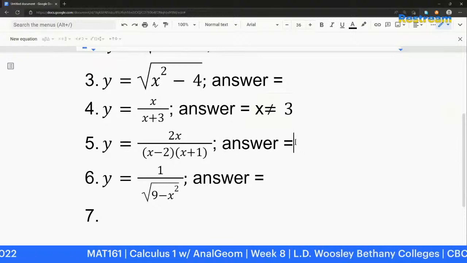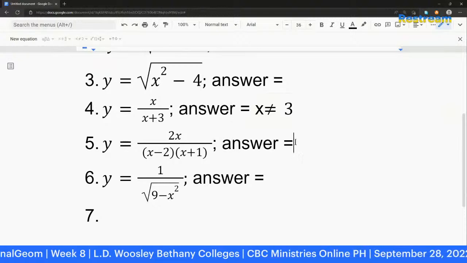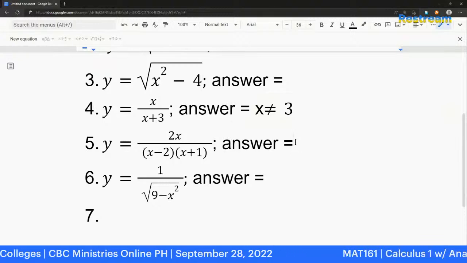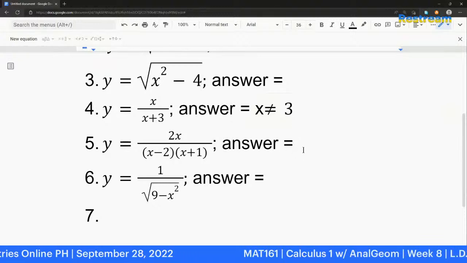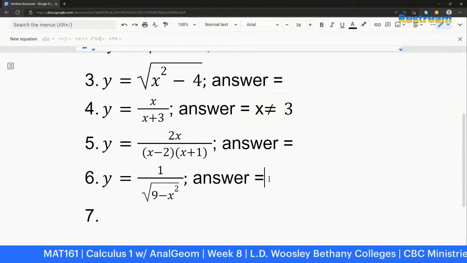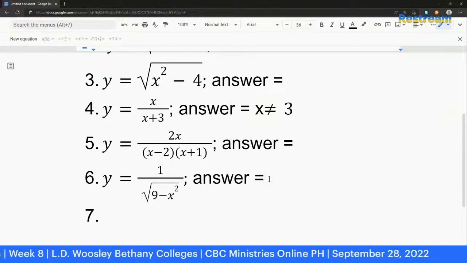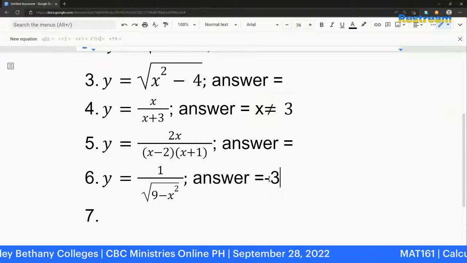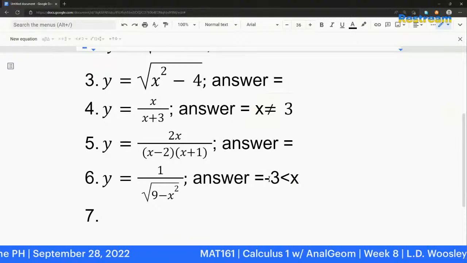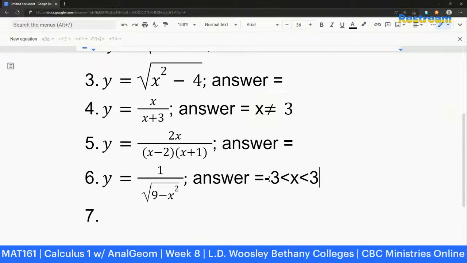Kay Banji, number 6, no? Kay number 6, so number 6. So that is -3 less than, Banj, yung sense mo. Check mo yung sense mo. Sense of the inequality. It should be -3 less than x less than 3.